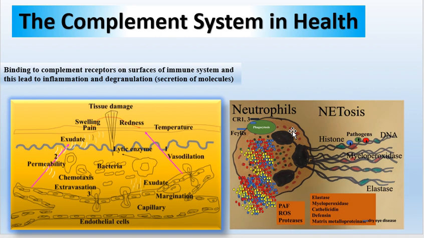So activated neutrophils will produce mediators, for example, platelet activating factor, reactive oxygen species, proteases, elastases, myeloperoxidase, cathelicidin, defensin, and metalloproteinases. These have antimicrobial activity and are initiated by binding of the microbes coated with a complement component to the complement receptors on the surface of the neutrophil.